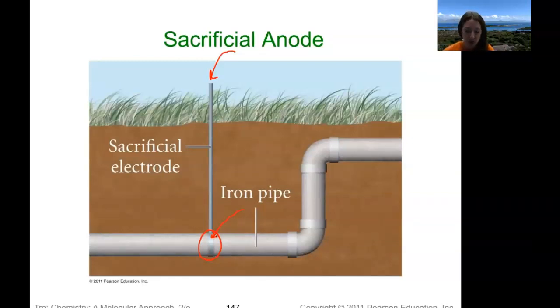It will oxidize, which will prevent the rest of the pipe from rusting or oxidizing. That's what they call a sacrificial electrode. You can see how it's around the pipe right there, and that's what they do with these sacrificial electrodes to prevent the iron from rusting away.